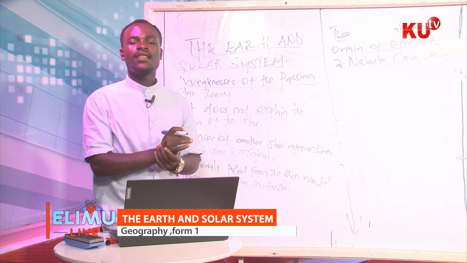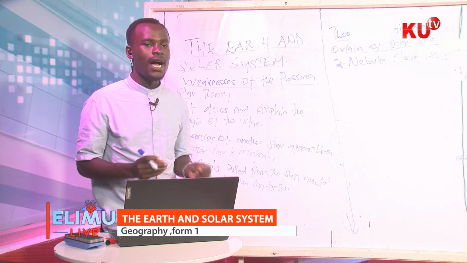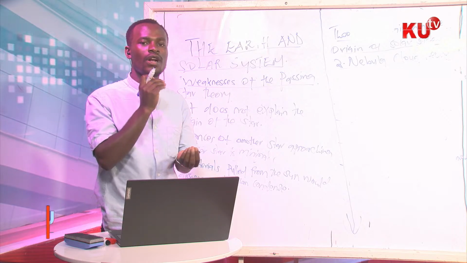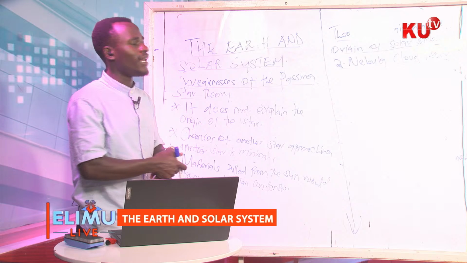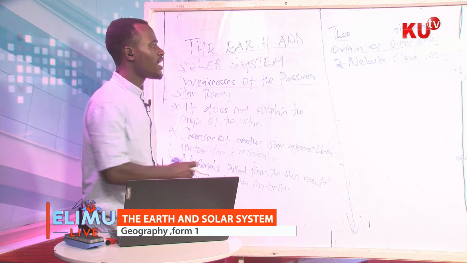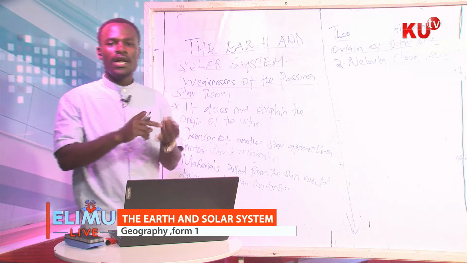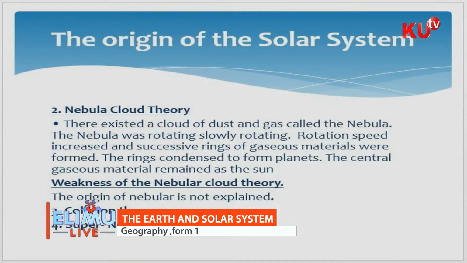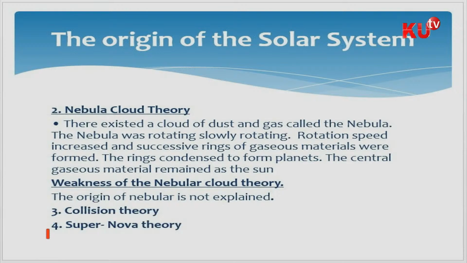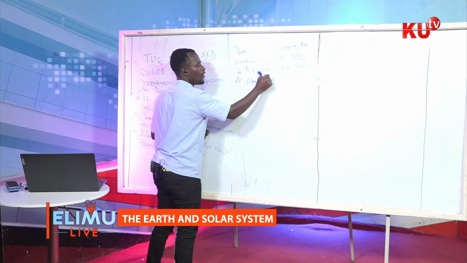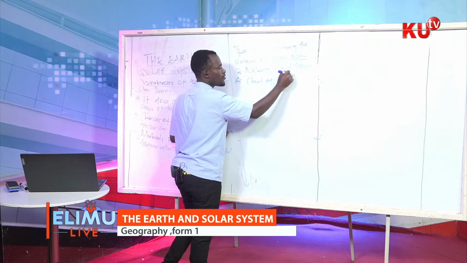The nebula cloud theory states that there once existed a cloud of dust particles and gases. Together, the dust particles and the gases form what we call a nebula.